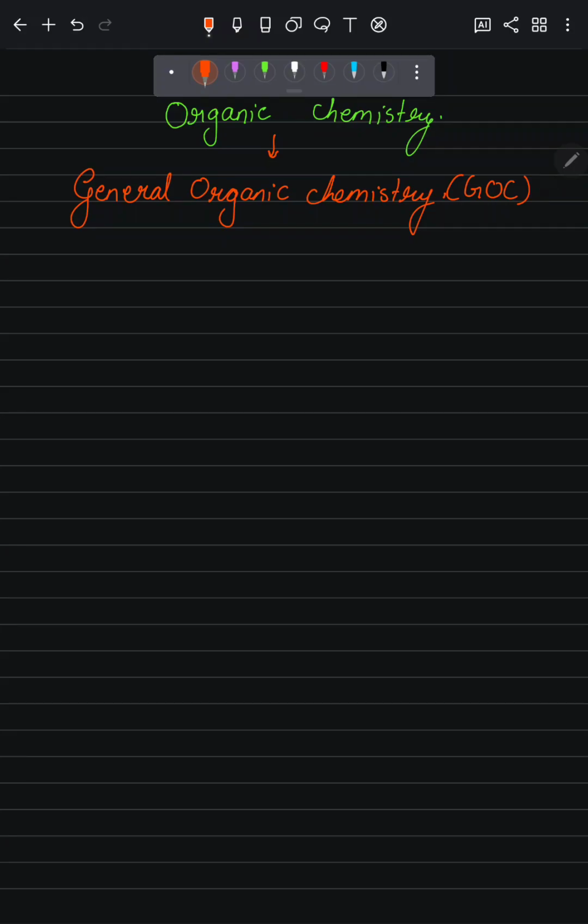So in general organic chemistry, we discuss basically the effects, which can be further divided into two parts: the primary effect and the secondary effect.